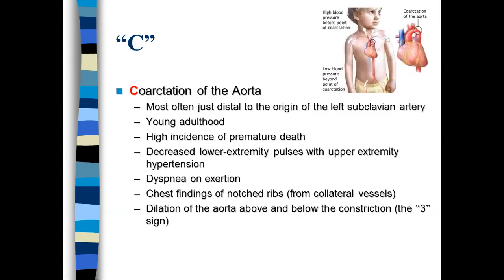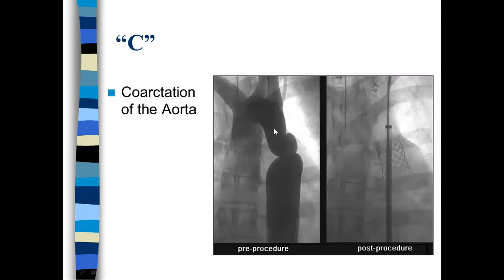Another cause of secondary hypertension, starting with C also, is coarctation of the aorta. As you can see here, the aorta is dilated above and below the coarctated segment, and it can be treated like the renal arteries with a stent in the coarctated segment, and this will cure the case.